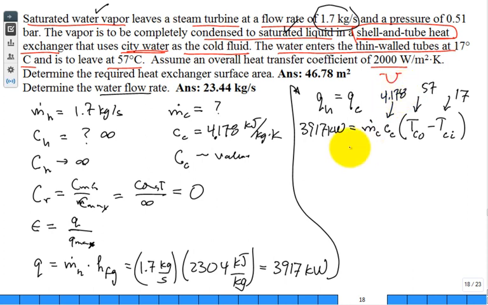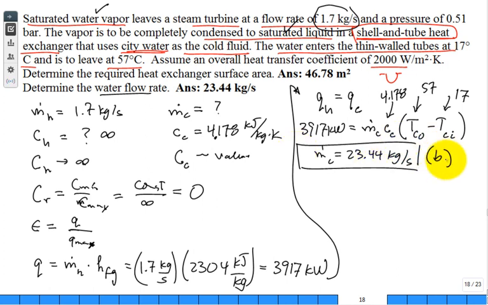The only unknown is the mass flow rate of the cold fluid. Where did that equation come from? Well, energy balance. What's coming out of the hot goes into the cold. We calculate the mass flow rate of the cold fluid, and that's equal to 23.44 kilograms per second. Actually, that's the answer to part B before we get to part A.